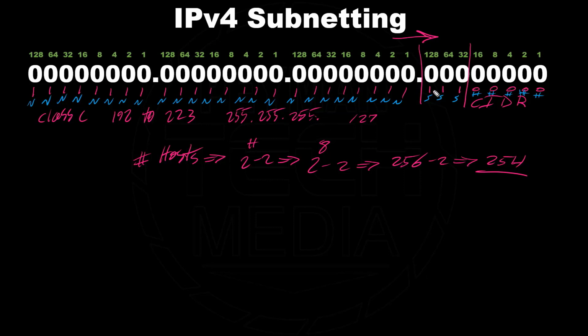On the last octet, we have only 3 bits turned on. To convert this binary to decimal, we just need to add the decimal values of the bits that are turned on. In this case, 128, 64, and 32 are turned on. So 128 plus 64 plus 32 is 224.